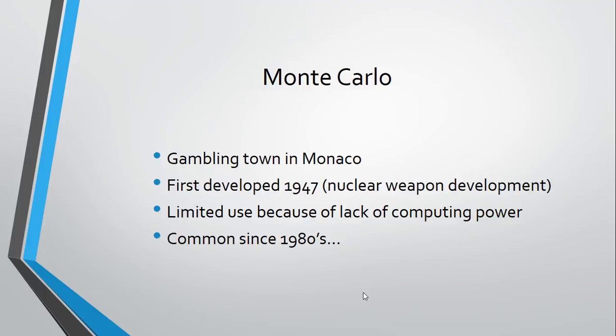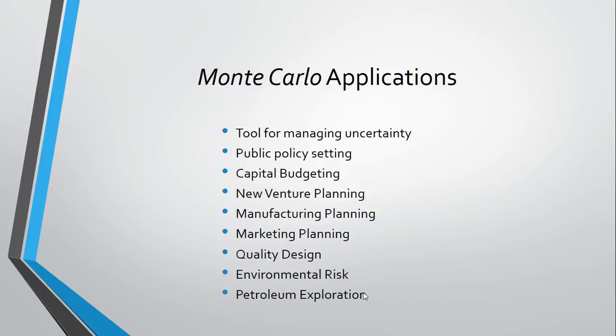Then since the 1980s, it became much more common because we have more computing power in our hands than before. You can use Monte Carlo simulation as a tool for managing uncertainty, for public policy setting, capital budgeting, new venture planning, manufacturing planning, marketing planning, quality design, environmental risk, petroleum exploration. You can see it's widely used in many fields.